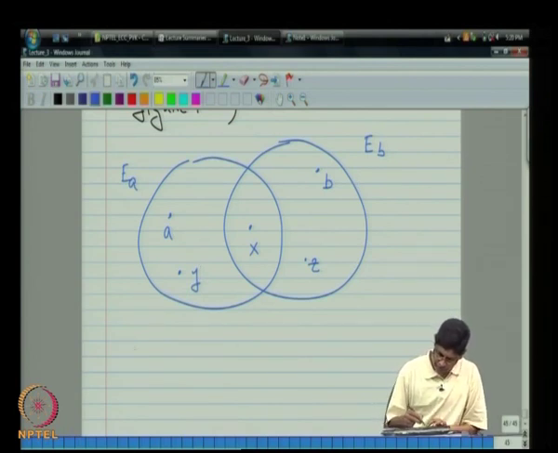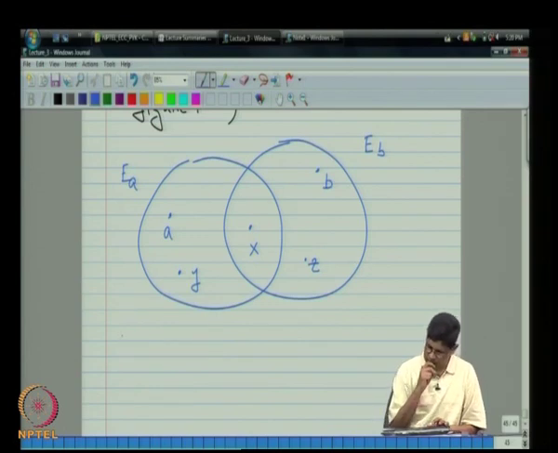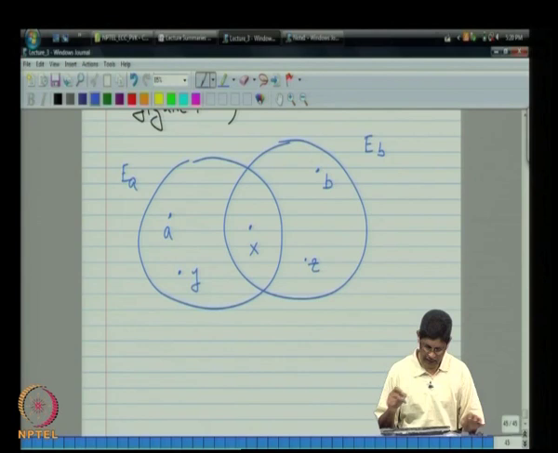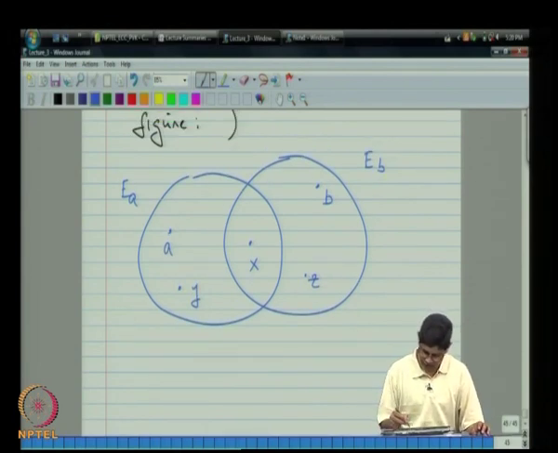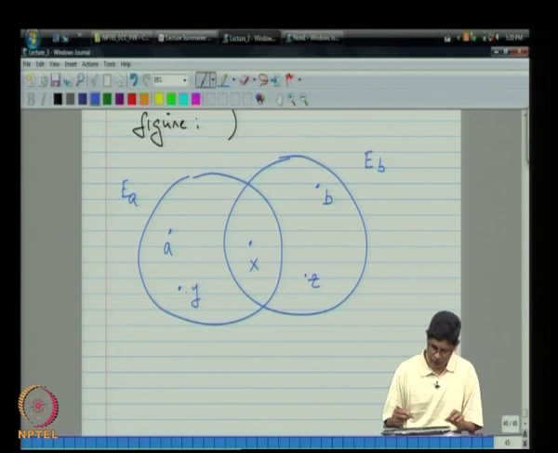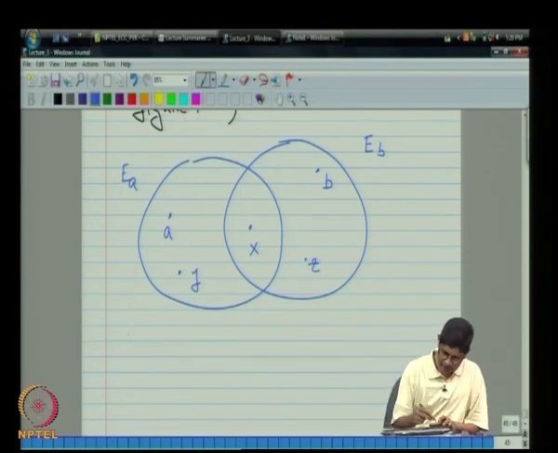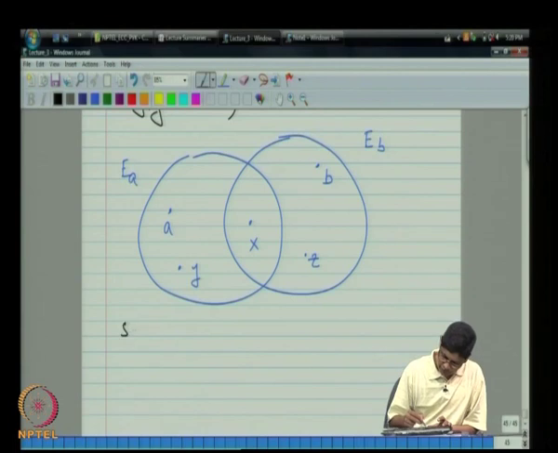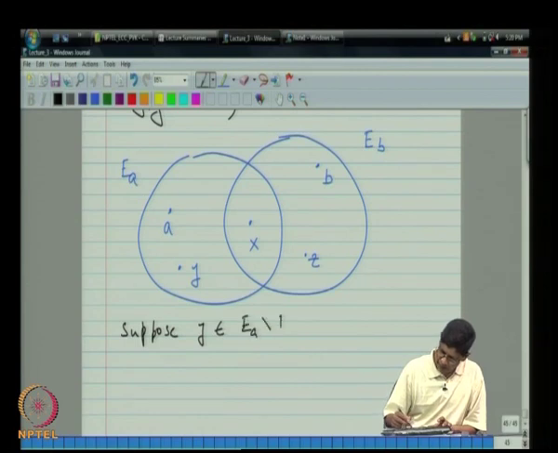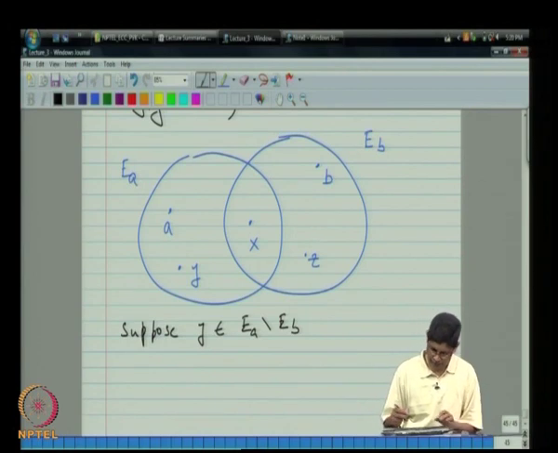But we know, actually I guess I do not really need the presence of two elements here, just one will do. Supposing there is an element Y which does not belong to their intersection. So, let me clarify that by writing that down. Suppose Y belongs to E_A, but not to E_B.